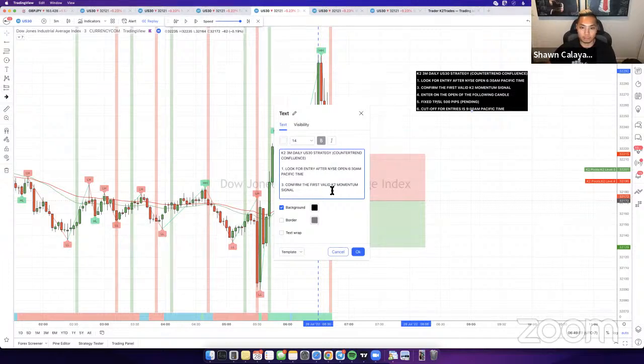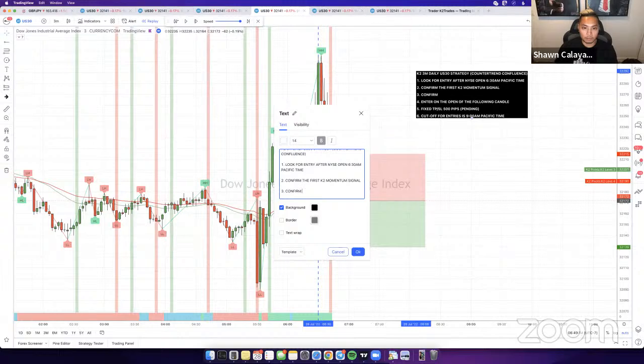Confirm first K2 momentum signal, where you confirm trend meter opposite of momentum.